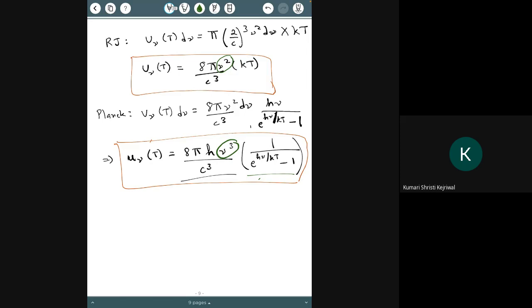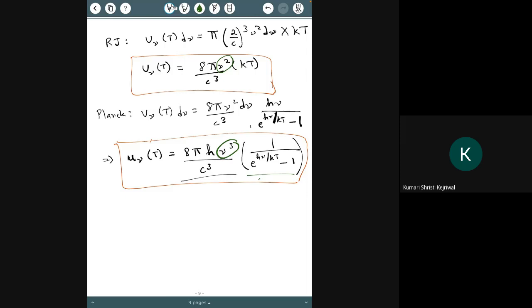And this results in getting also the maximum. You see the spectral energy density from the Rayleigh-Jeans law will not show any sort of maxima at all. The maximum will be at infinity, and the value of the energy density at infinity will also be infinity, which was not right, of course. But you can find a maxima for this Planck's distribution law.